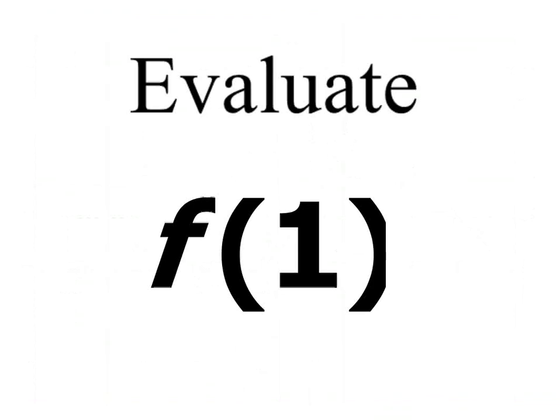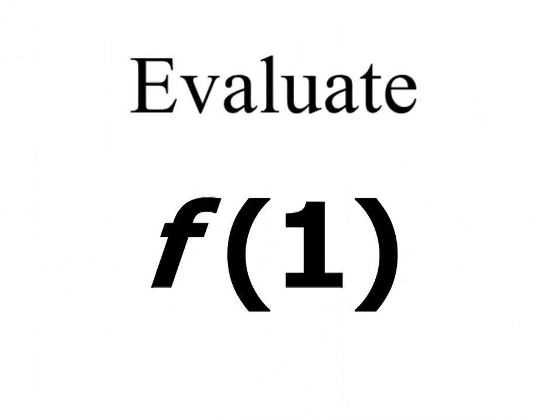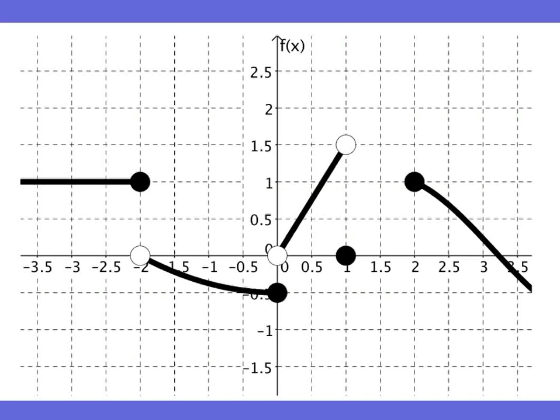Same graph. Now we're going to figure out what f of 1 is. Let's locate the x value on the graph, same steps. Here's x equals 1, and if we draw a vertical line, even though it's kind of obvious here, it only touches once. It does not touch up at the hole, it only touches here.